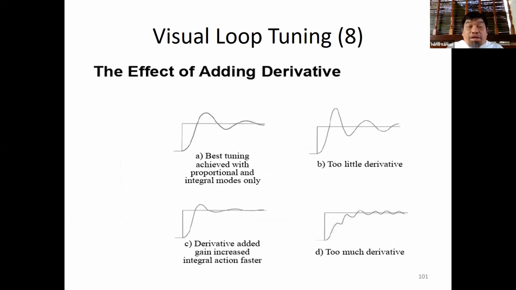So if you add derivatives with the best timing achieved with the proportional and integral, then you letak D, dia jadi macam ni.